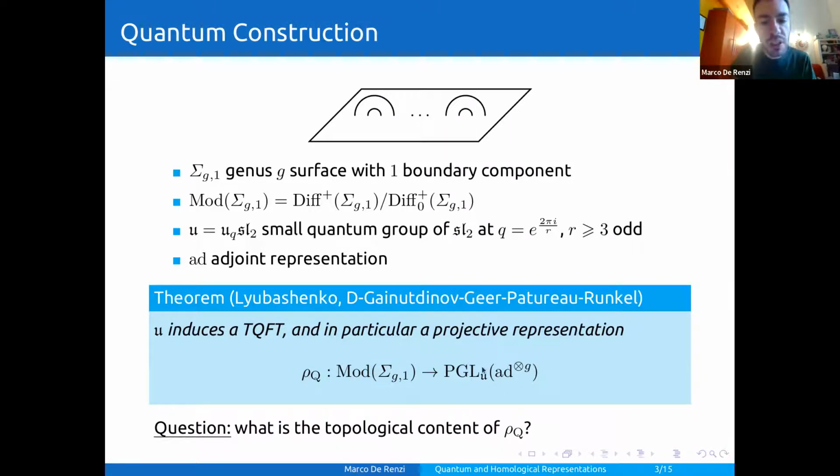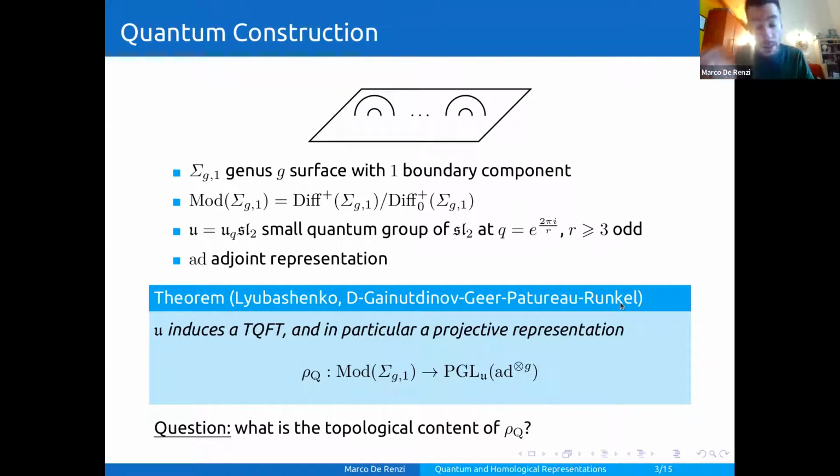These representations were first defined by Lyubashenko back in the 90s, and they were later obtained as the quantum representations induced by TQFT obtained through the universal construction in a joint work with Azat Gainutdinov, Nathan Geer, Bertrand Patureau, and Ingo Runkel.